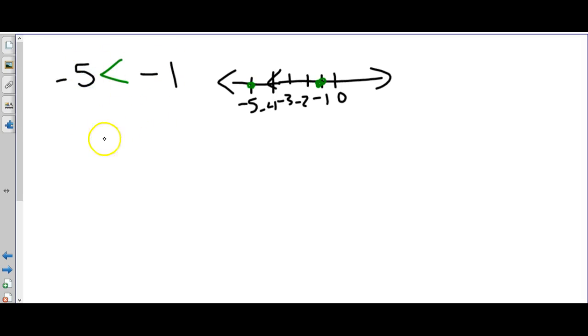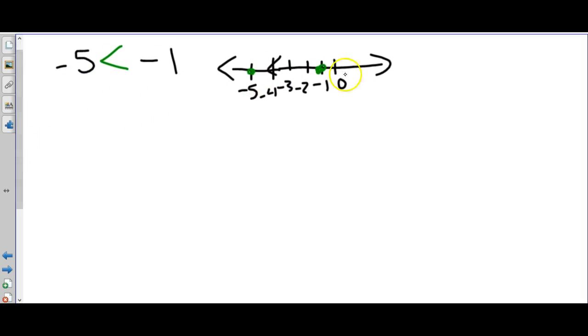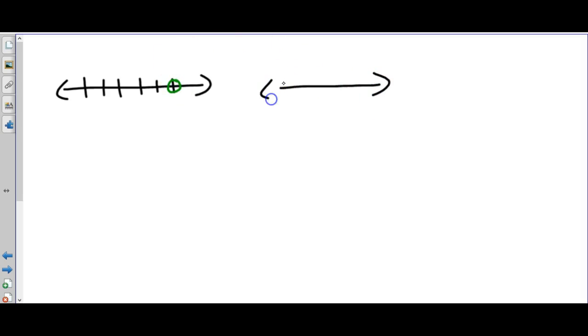So the second thing we can do with our inequalities is draw a graph on our number line. When we're drawing our graph, we need to know a couple of things. We will sometimes use an open circle, and we will sometimes use a closed circle.